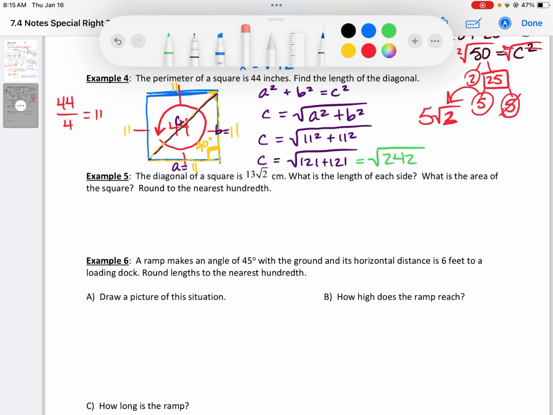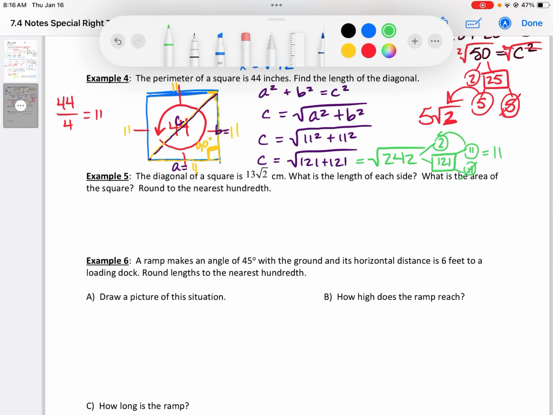242 is not a perfect square, so I want to see if I can simplify it. I think you'll notice another pattern here. I can split 242 into 2 and 121. 121 is a perfect square of 11 and 11. Once I have 2 matching factors, I can cross one out and kick one out.